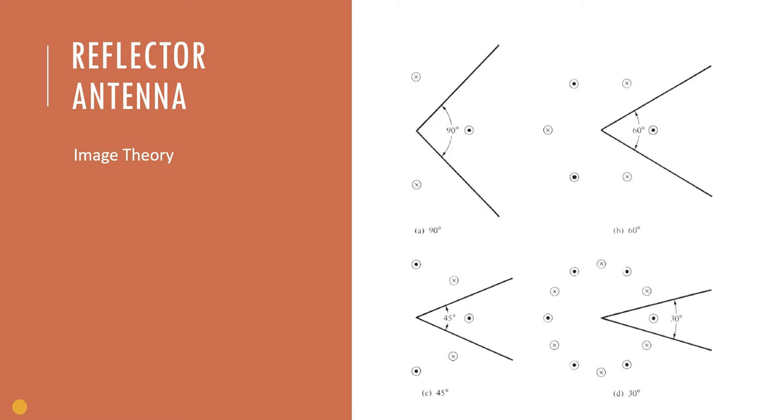And by the image theory, one can analyze the radiation characteristics with some approximation. When we use the image theory, we don't consider the diffraction of the field from the edge, and we consider the whole reflector to be an infinite plane, and there is no reflection back from the diffraction radiation of the edges of this reflector.